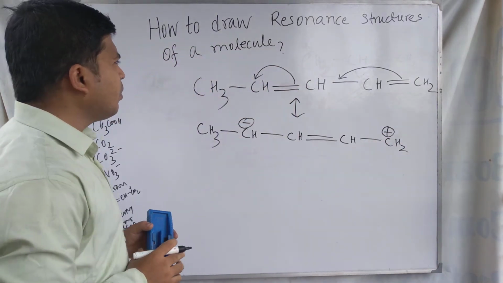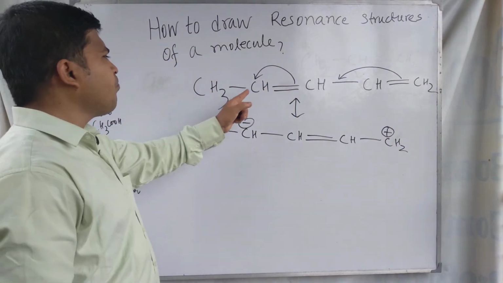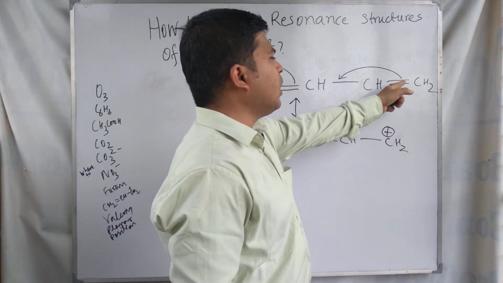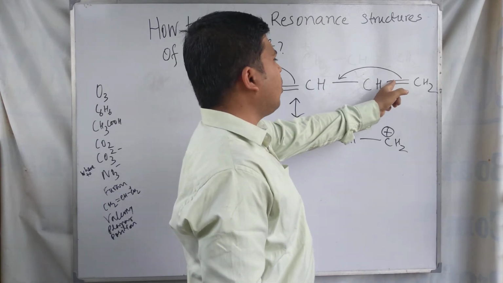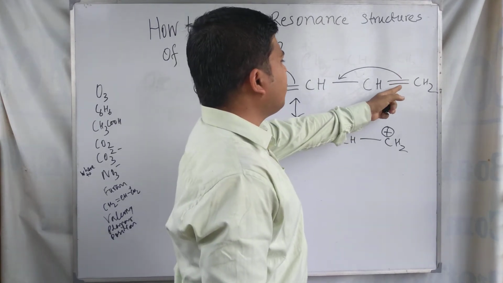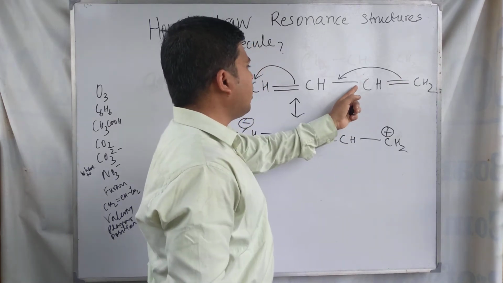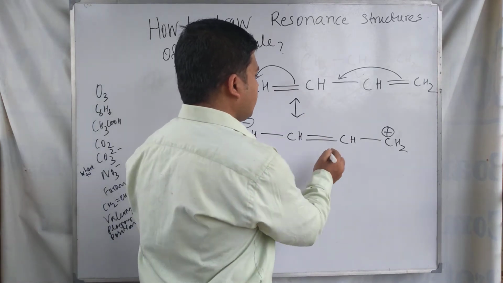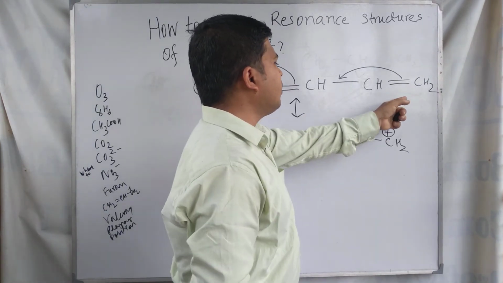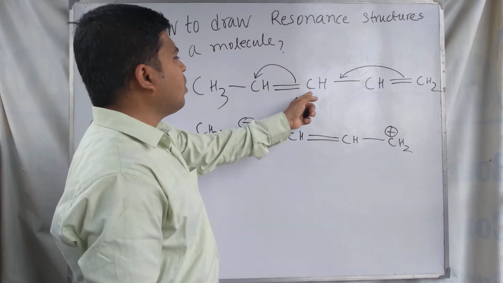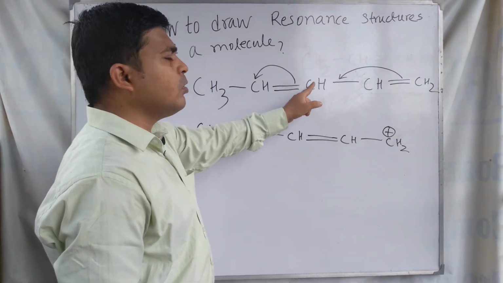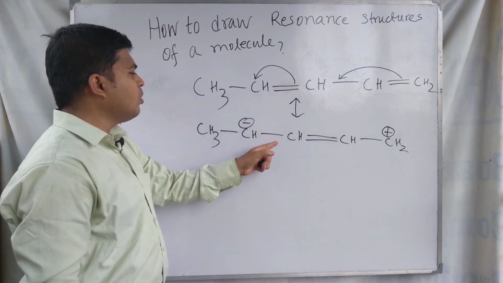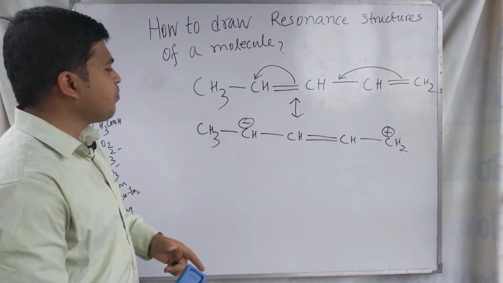This represents the resonance structure of the molecule, where the CH2 becomes a plus charge because the electron pair, the pi bond, is broken from here, and this electron pair forms a bond between these two carbons. So a double bond forms between these two carbons, and here it is a plus charge, and as you have to maintain the valency of this carbon as 4, the double bond present between these two carbons becomes a negative charge on this carbon.